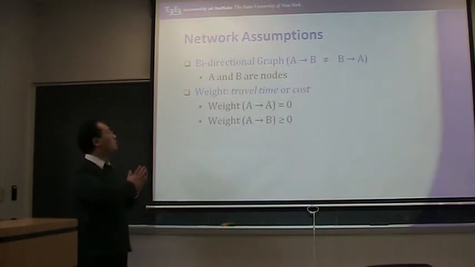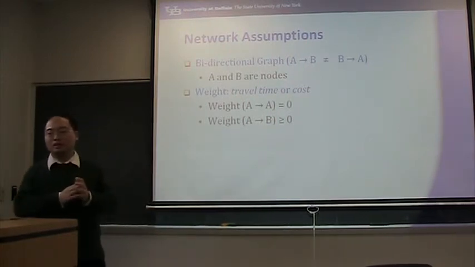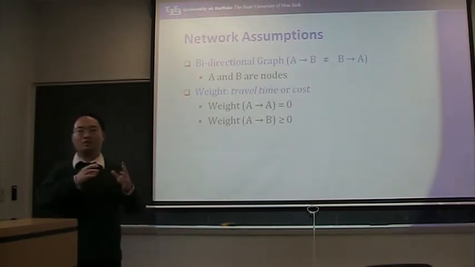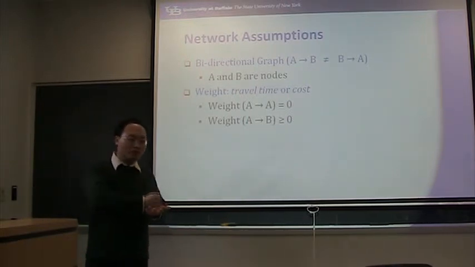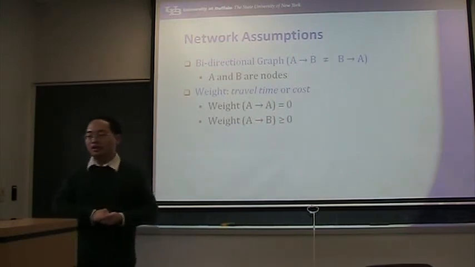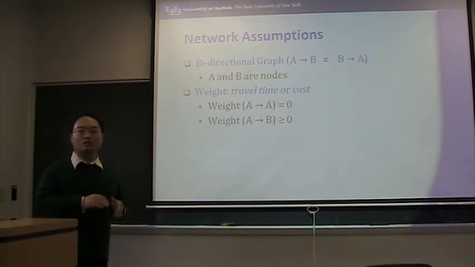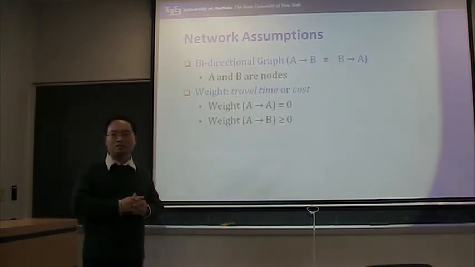And for each link, we have travel time or cost as its weight. This weight, if it's from the point A to the same point, will be 0. And if it's from A to B, it will be positive, or at least non-negative.